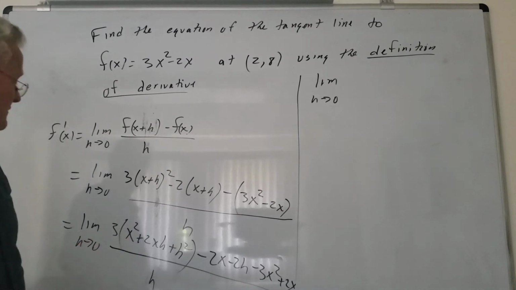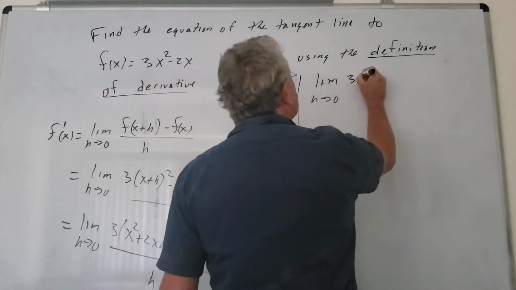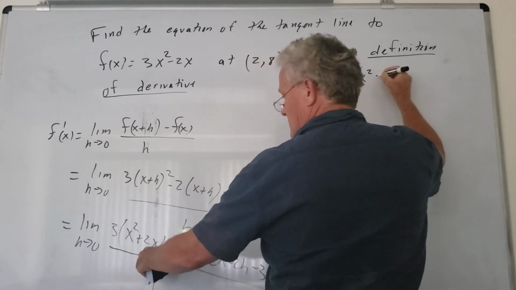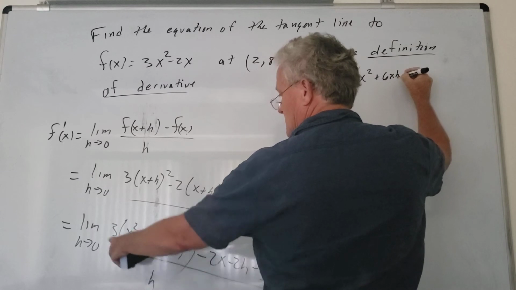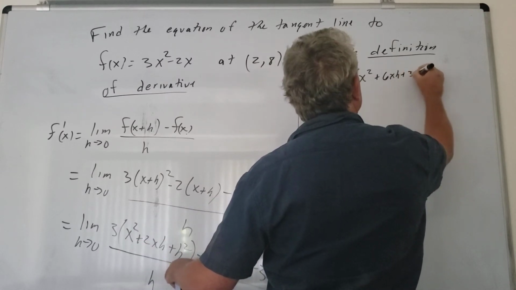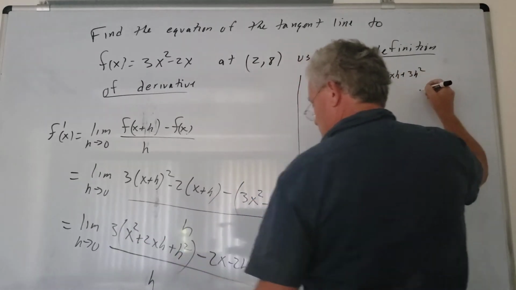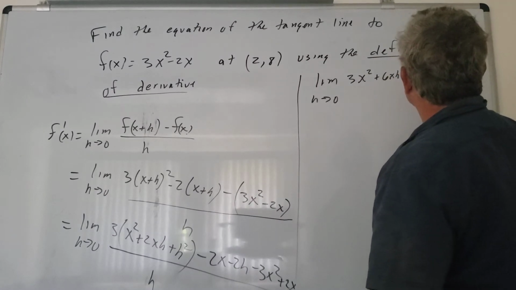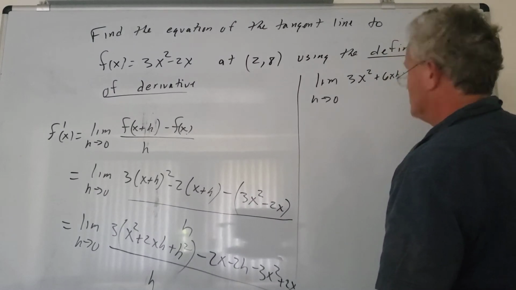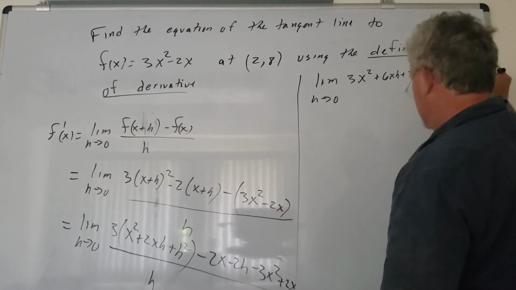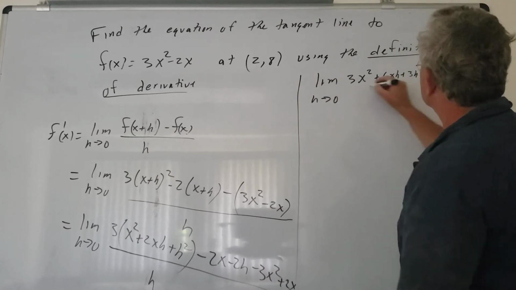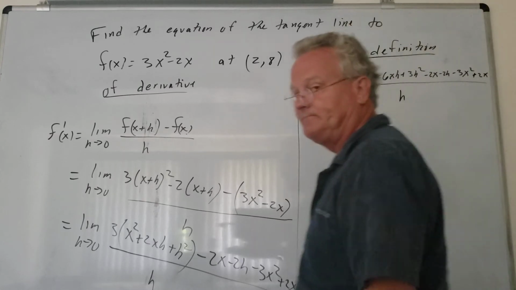So distributing the 3, we get 3x squared plus 6xh plus 3h squared minus 2x minus 2h minus 3x squared, plus 2x. And that's all over h.